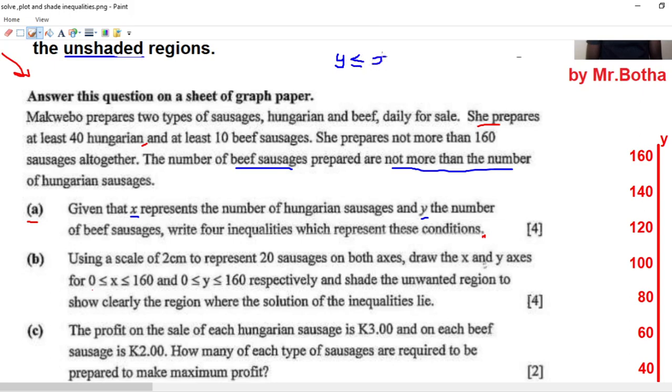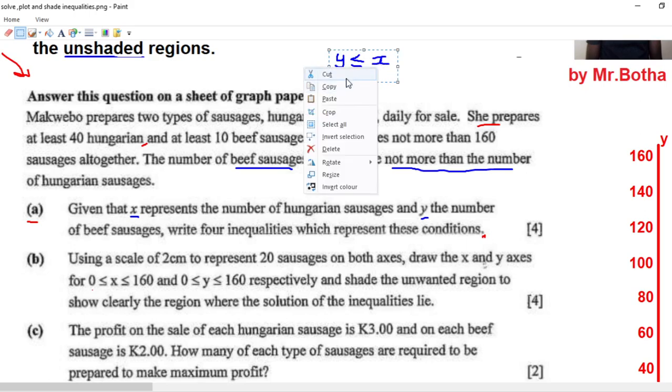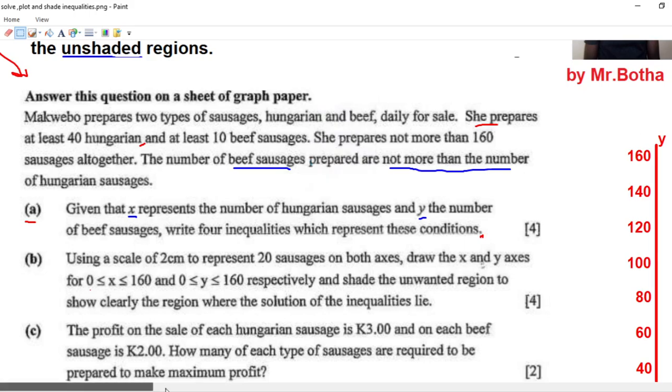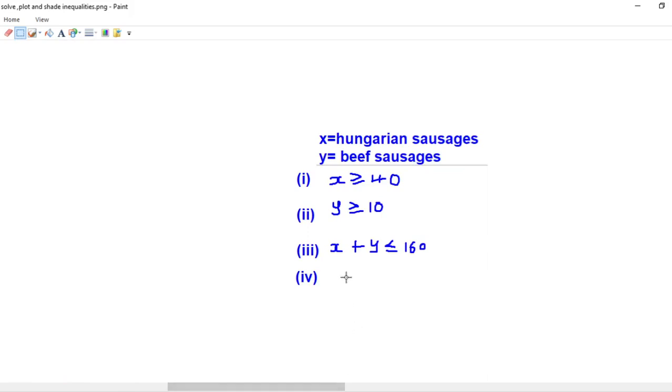So the number of beef sausages made are not more than Hungarian sausages, and we have this as our inequality number 4. So we have all the 4 inequalities we were to find, and we can proceed with answering the other questions that follow. These are the 4 inequalities, where x represents the number of Hungarian sausages made and y beef sausages.